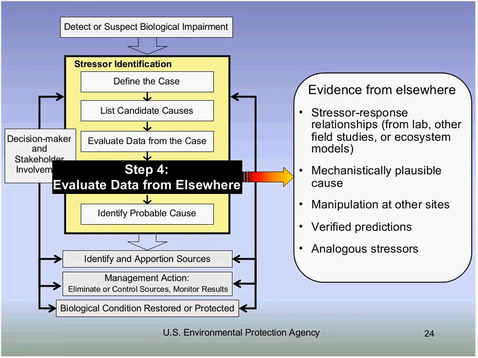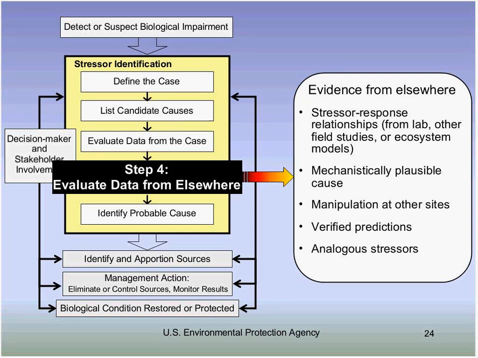Step 3 really focuses on your site, your water, your river, your watershed. Step 4 is where you begin to bring data from other places into the site to help support or refute some of the conclusions drawn during step 3, when you're evaluating data from your case.